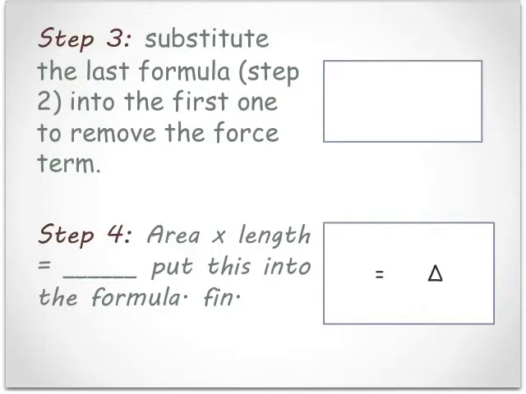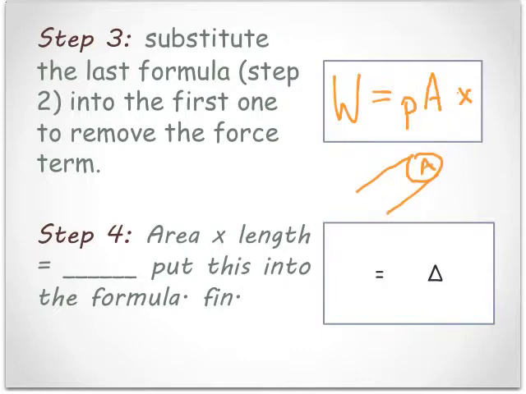Substitute the last formula, force equals pressure times area, into the first one. So you get work equals pressure times area times x. Now if you think about a cylinder, area A multiplied by height x is equal to a volume. So in this case the work done is equal to pressure times change in volume.